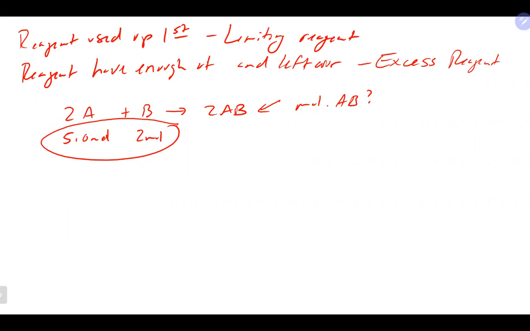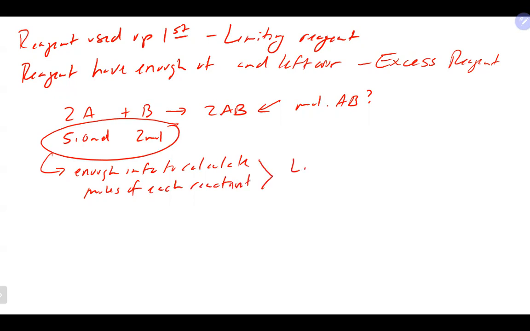So that's how you know it is a limiting reagent problem rather than a basic stoichiometry problem. You have enough information to get to the moles of each reactant. That definitely is like, I need to figure out the limiting reagent. So that is the key there: enough information to calculate the moles of each reactant. And once again, that is the key trigger to, I should definitely figure out which one's the limiting reagent.